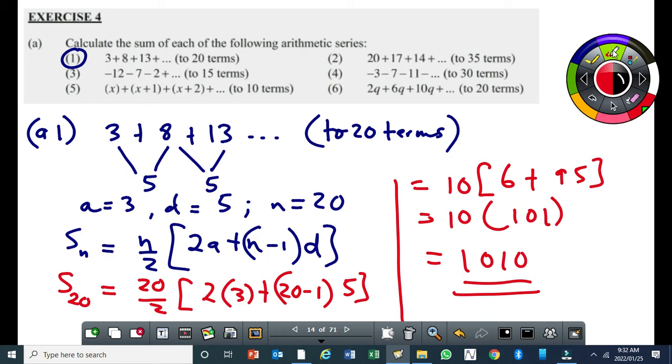Can I carry on? Yes, sir. Okay, so let's move on to another one. Let's do one with negatives, that is number 3.